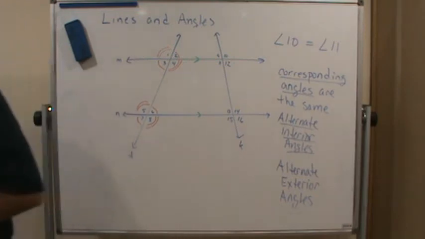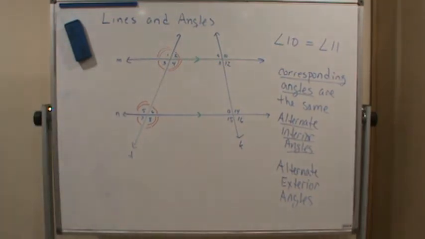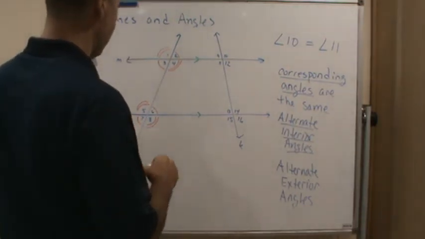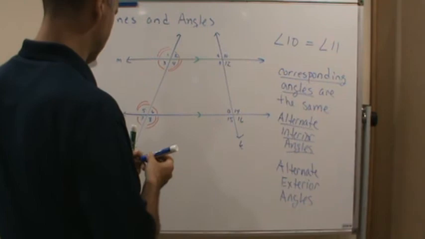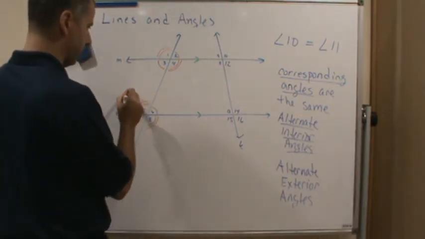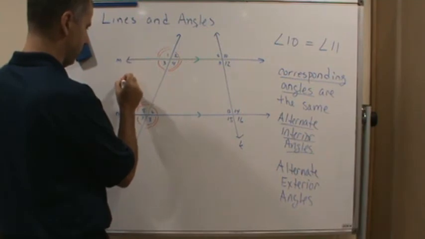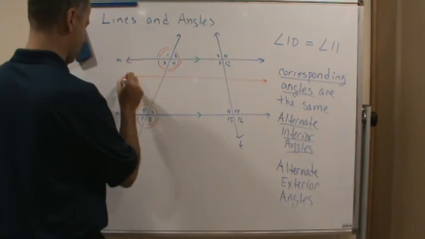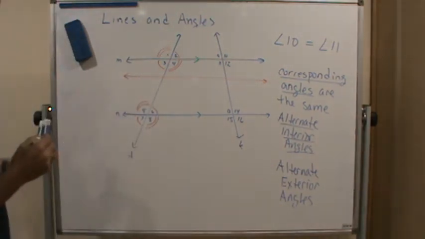Okay, so lots of things come out of this that we can use. What else do I want to say? Okay, one last thing that I want to do here, let me draw another line here. I'm going to draw another parallel line, and let me do it right here. So let's say we got 3 parallel lines.